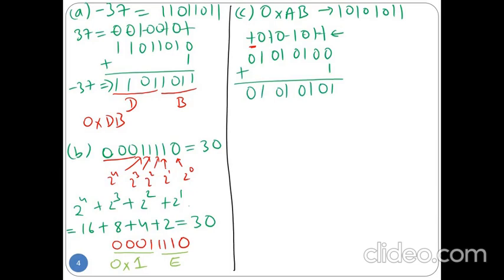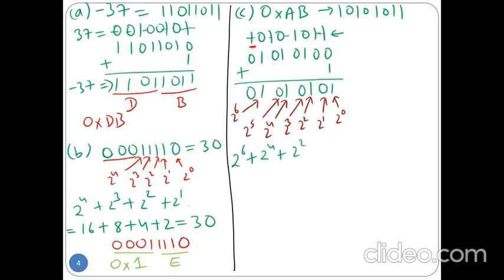Now compute its magnitude. Again, this is 2 to the power 0, this is 2 to the power 1, 2 square, 2 cube, 2 to the power 4, 2 to the power 5, and this is 2 to the power 6. Let's simply add the powers of 2 that correspond to a value of 1 in this number. So we have 2 to the power 6 plus 2 to the power 4 plus 2 square plus 2 to the power 0.